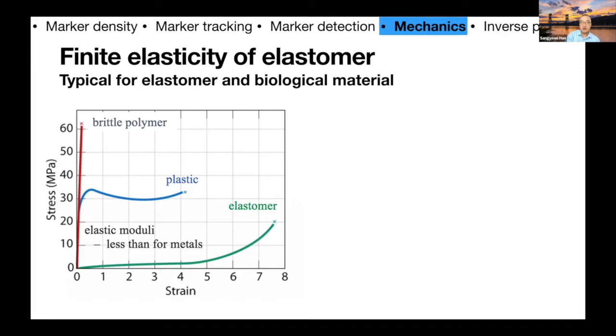That's typical for elastomers and biological materials. A brittle polymer or steel or anything elastic shows a linear response between strain and stress, and some plastics have plastic deformation, but an elastomer has an S-shaped behavior. There's an increase and then a flat region, but also strain stiffening going on. Since this high refractive index gel is silicone based, it's also an elastomer.